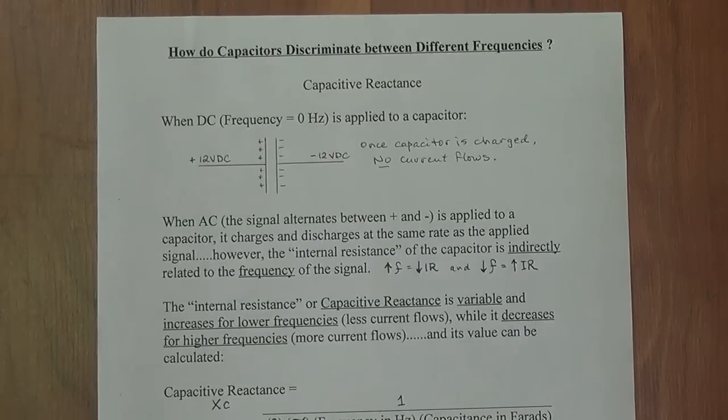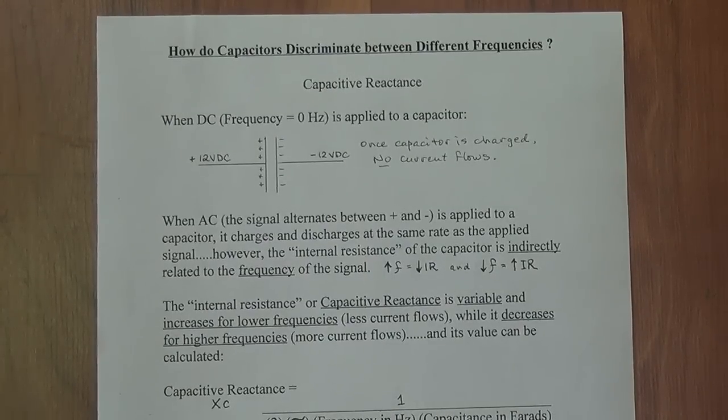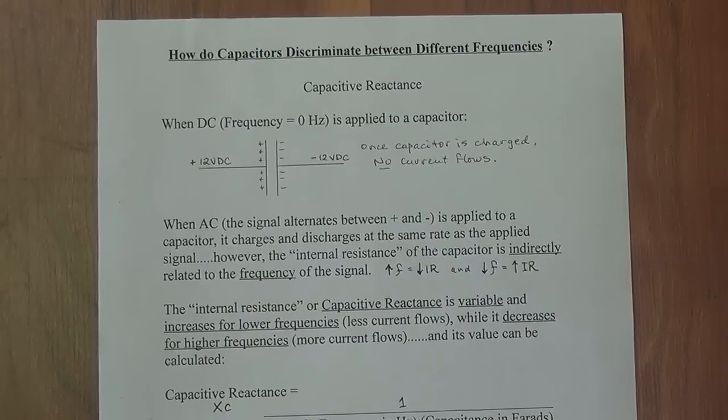So although a properly functioning capacitor will exhibit infinitely high capacitive reactance to direct current, it will exhibit considerably lower capacitive reactance to alternating current. And as we will see, the amount of capacitive reactance it applies to that current depends on the frequency of the signal.